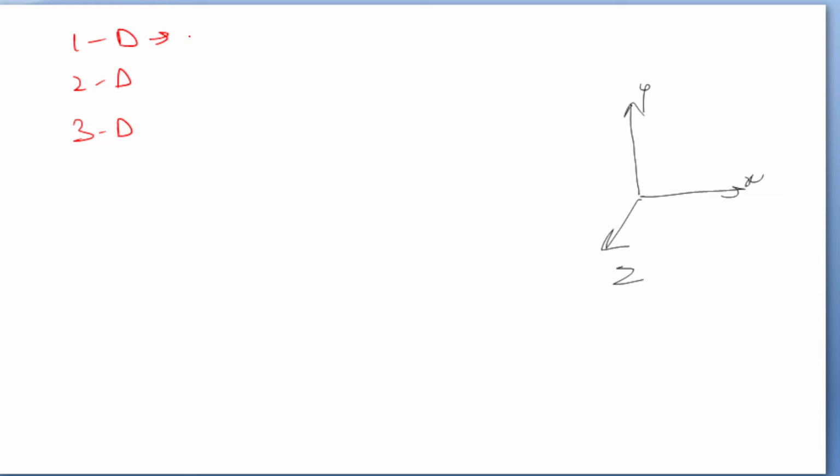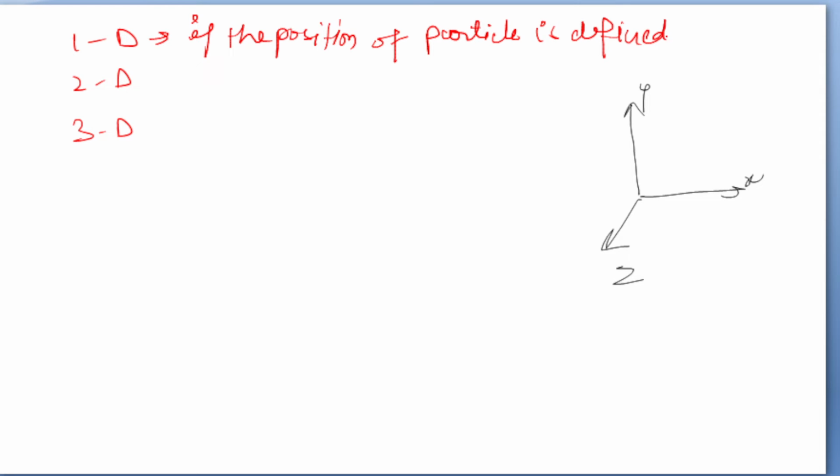if the position of a particle is defined with a single coordinate, then it will be 1D.